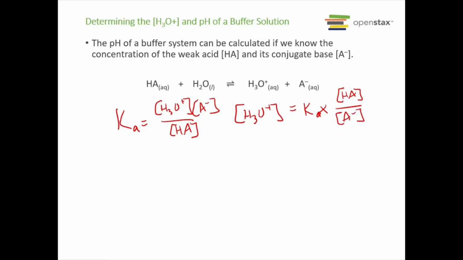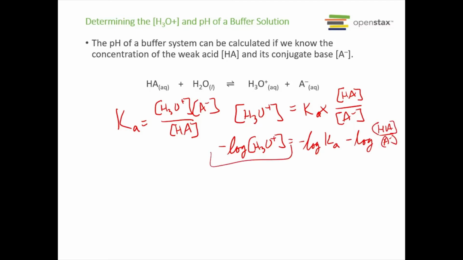And let's have some fun and be crazy and take the negative log of both sides. So the negative log of hydronium is equal to the negative log of Ka minus the log of HA over A minus. And so the negative log of H3O is pH, and the negative log of Ka is pKa.